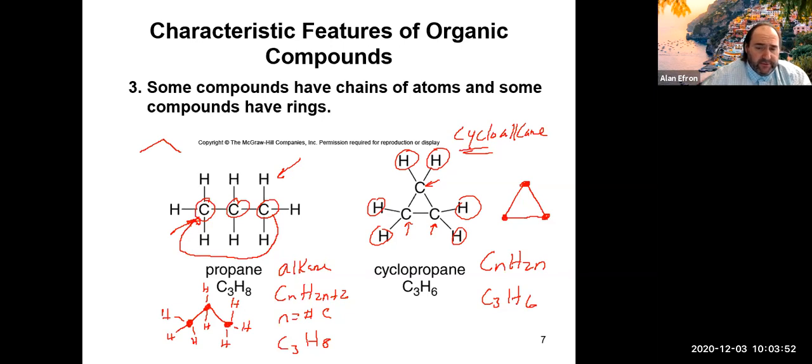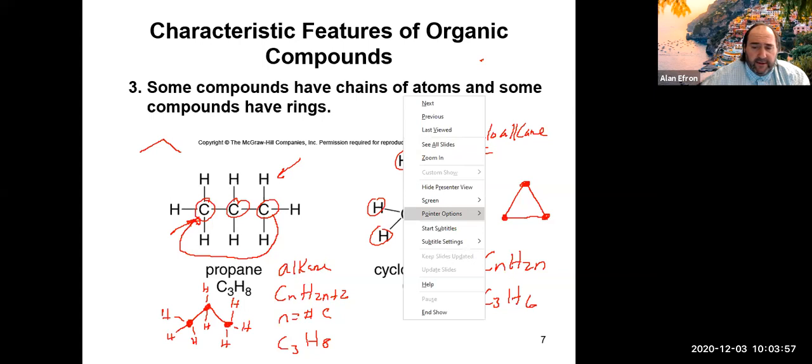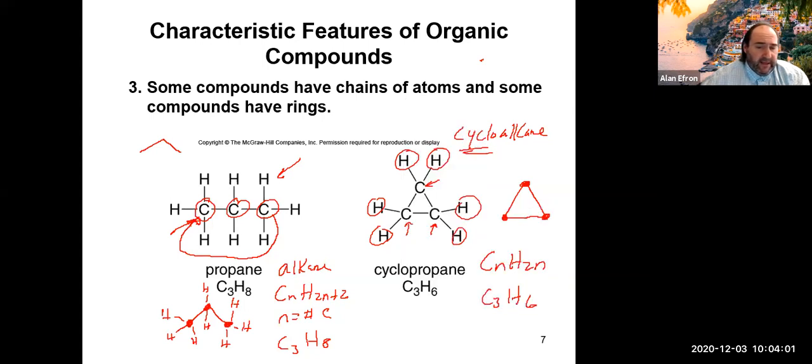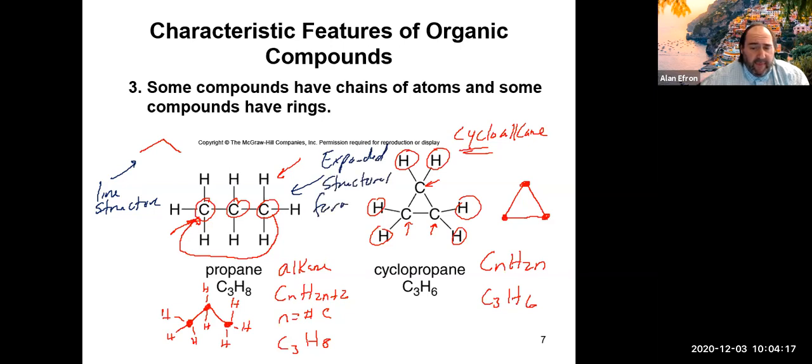By the way, these two structures are a couple of different ways that you can represent organic chemistry. As I mentioned before, this is often referred to as line structure. This is sometimes referred to as expanded structural formula, where you draw out everything, all the bonds, all the hydrogens are shown.